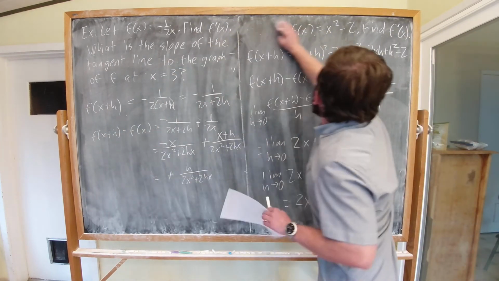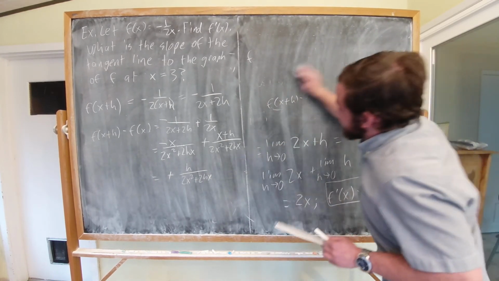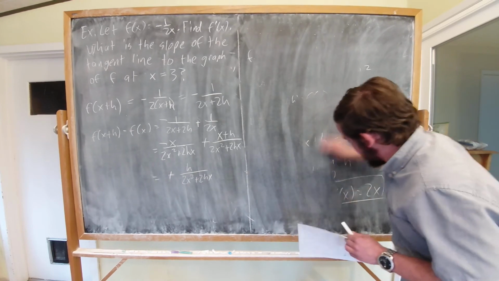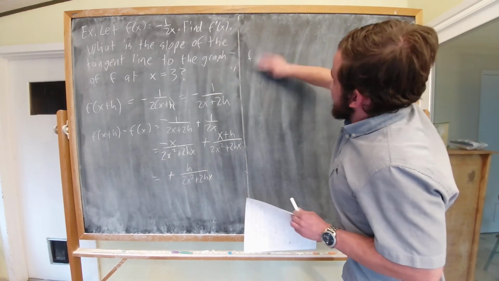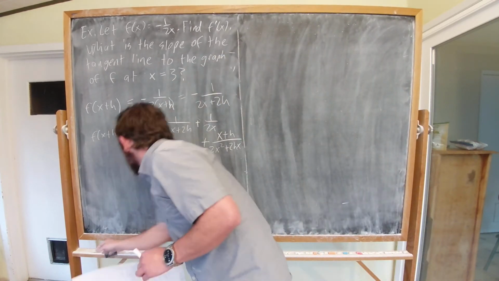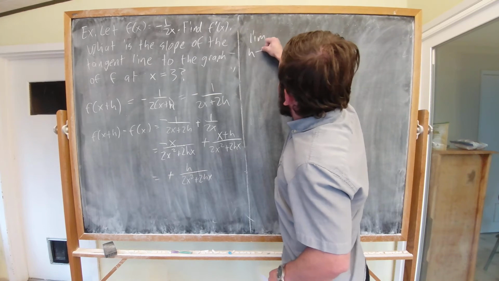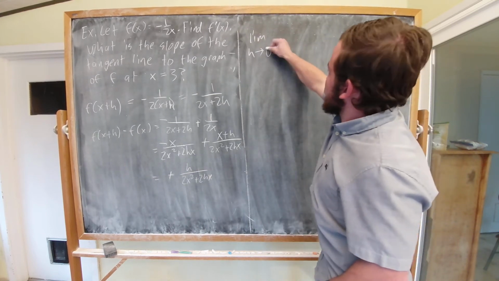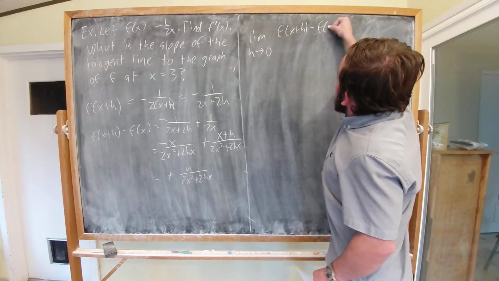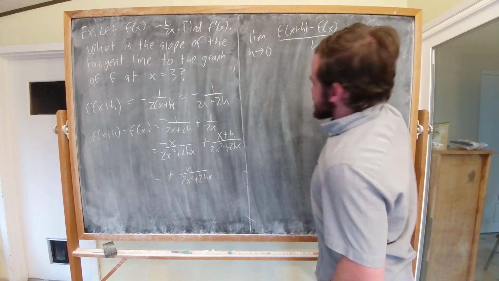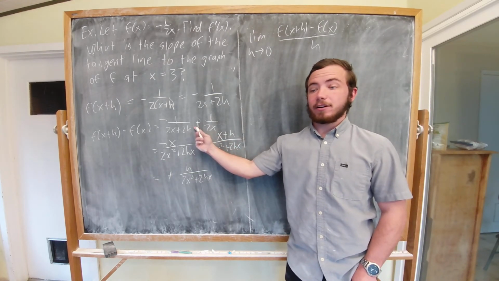Erasing this example in here. This is the limit as h goes to 0 of f of x plus h minus f of x over h. You might ask yourself, okay, why didn't we just compute the limit here?